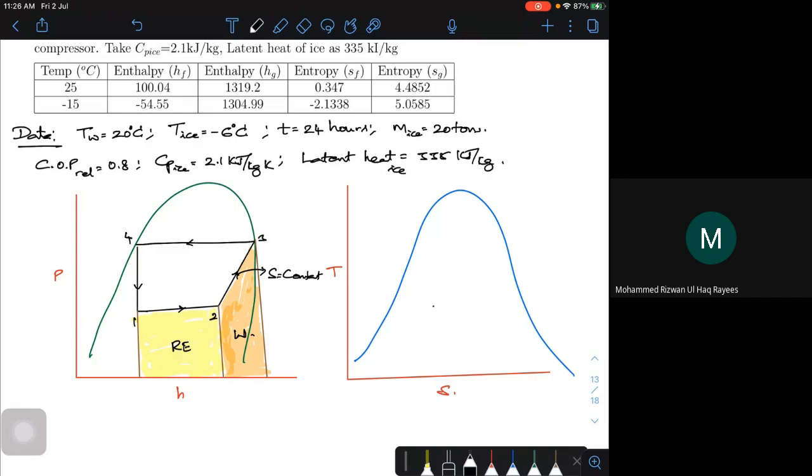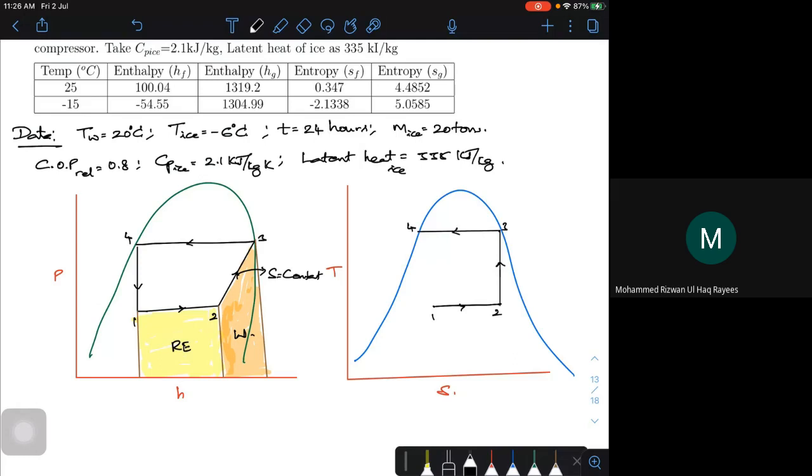So I have the 1 to 2, then 2 to 3, it's a straight line. It is going in the opposite direction, because it is dry saturated at the end of the compression. Then 3 to 4.